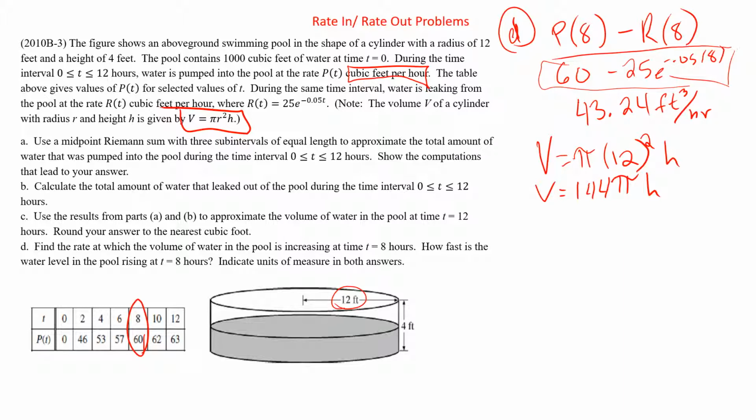We can find the derivative with respect to t. dv over dt equals 144 pi dh over dt. We're looking for the dh over dt. The dv over dt is what we just found. That's the rate at which the volume is changing.